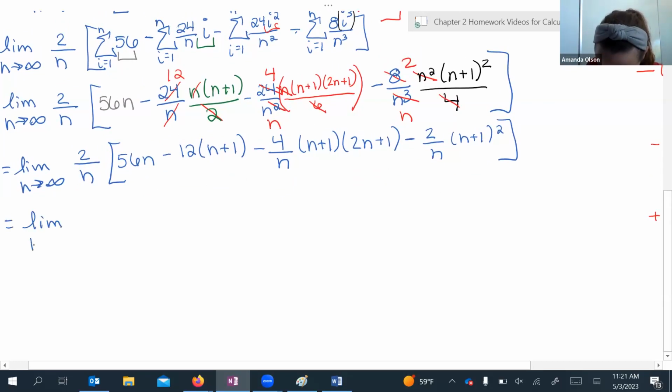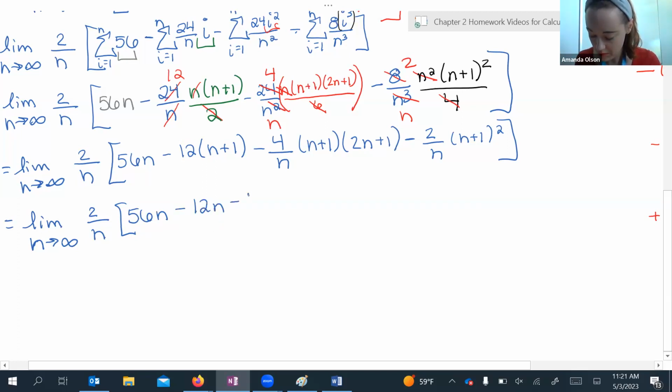And we'll simplify, continuing the limit as n goes to infinity. 2 over n, 56n minus 12n minus 12 minus 4 over n, multiplying n plus 1 by 2n plus 1.